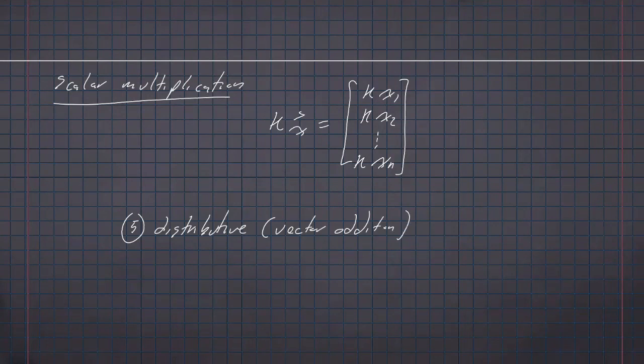It turns out that this is going to be distributive over vector addition. If I take some scalar k and multiply it times the sum x plus y, I get kx plus ky. It's distributive over scalar addition.